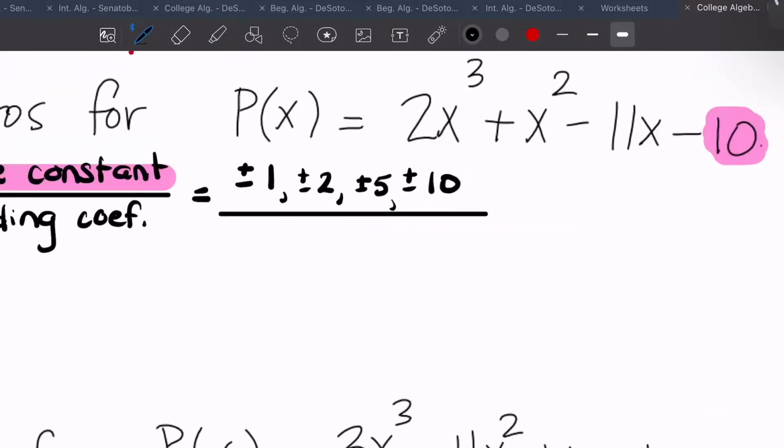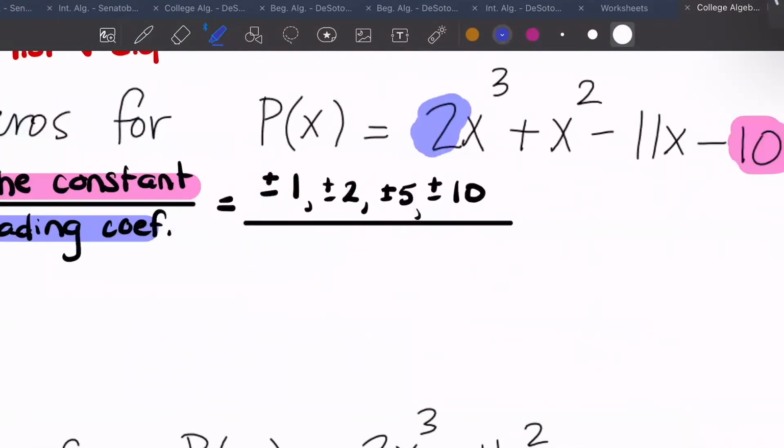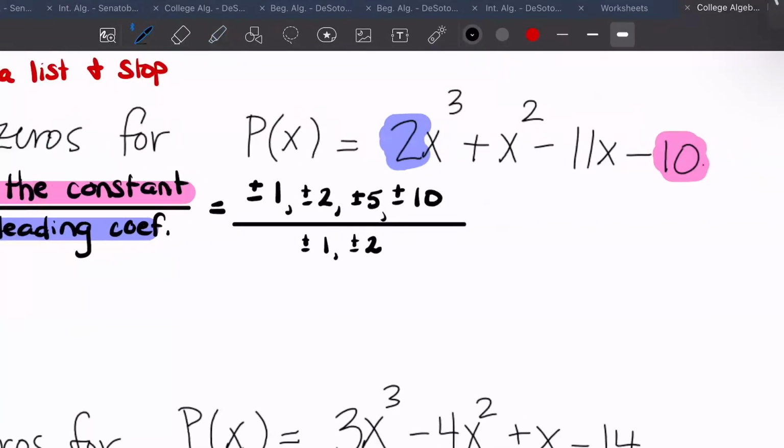Factors of the leading coefficient. Here's your leading coefficient. It is the coefficient that is attached to your highest power. The factors of 2 are 1 and 2. And we are always going to do plus or minus of those. So that's why I have plus or minus written out.